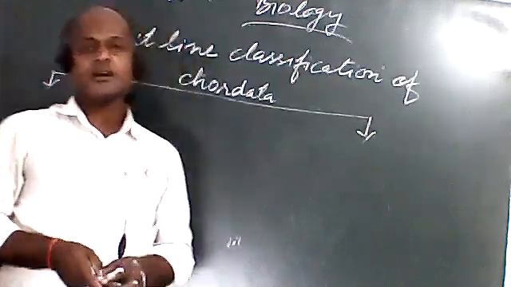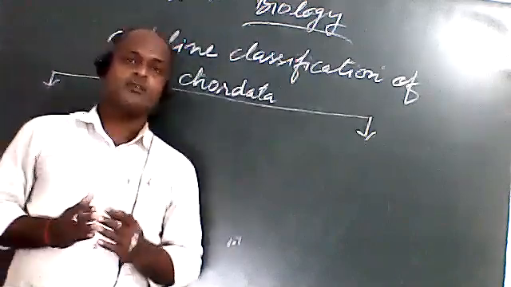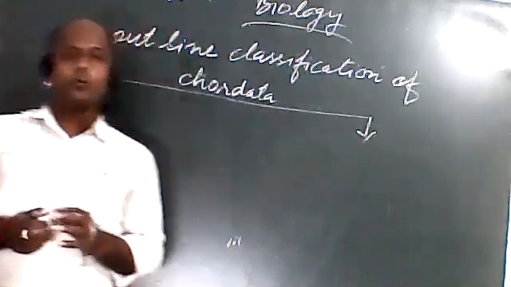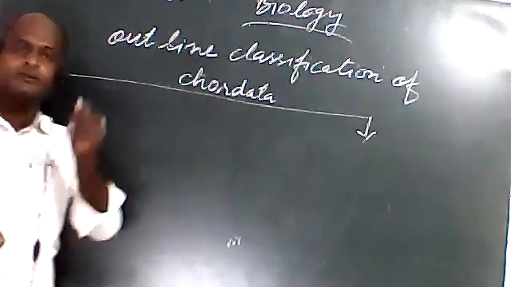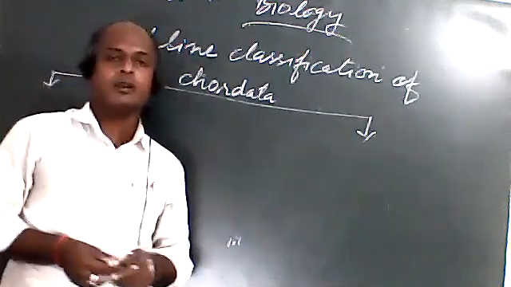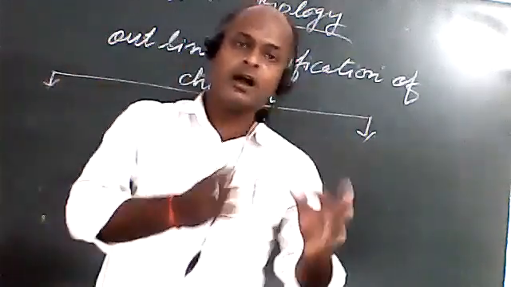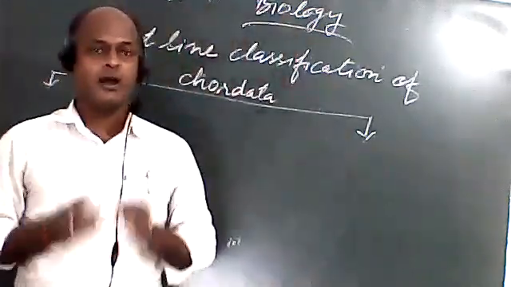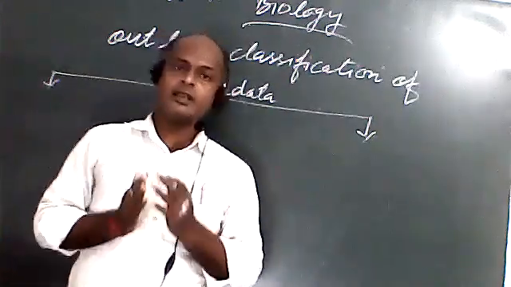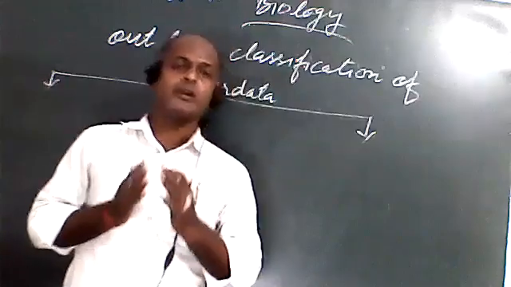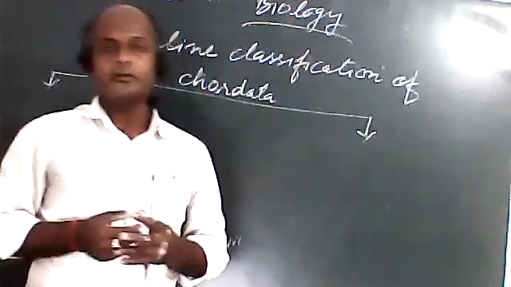The first one is those in which there is presence of notochord, but that notochord is not present in all the stages of its life. In class 9th you have studied that there is presence of rudimentary notochord. It means the notochord is not well developed.